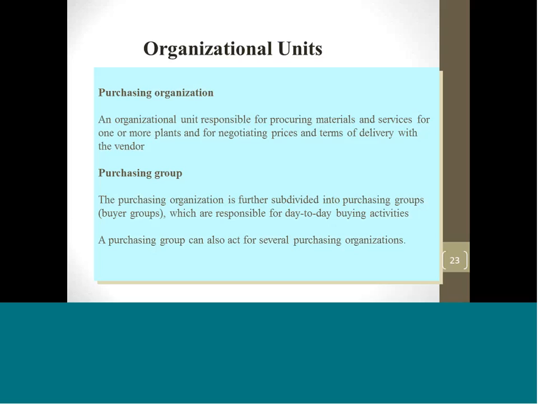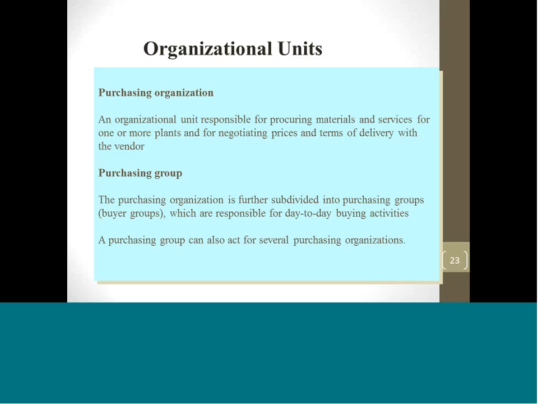As I said, the purchasing organization is a unit responsible for all the procurement of that material. Below that, we have the purchasing group. The purchasing organization is further divided into small divisions, and that is a purchasing group. If I have 100 members in the purchasing organization, I might have 10 teams of 10 each, where each team is responsible for a particular material.